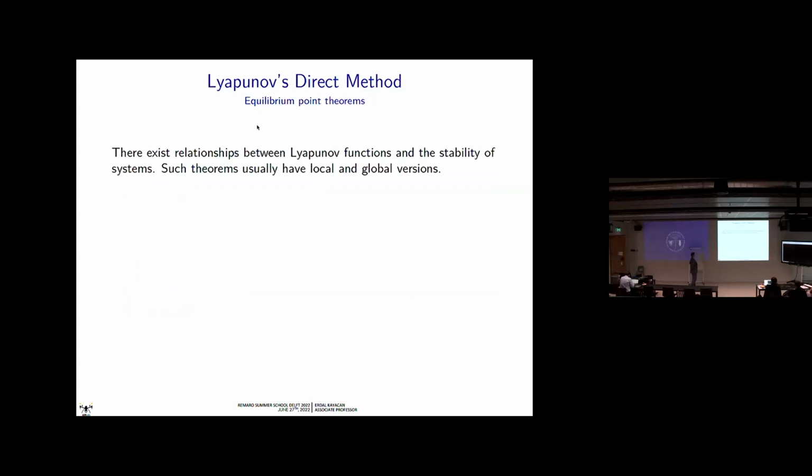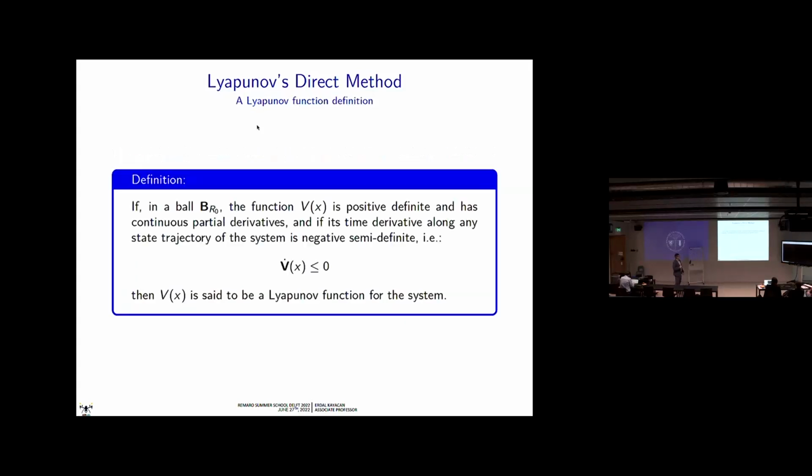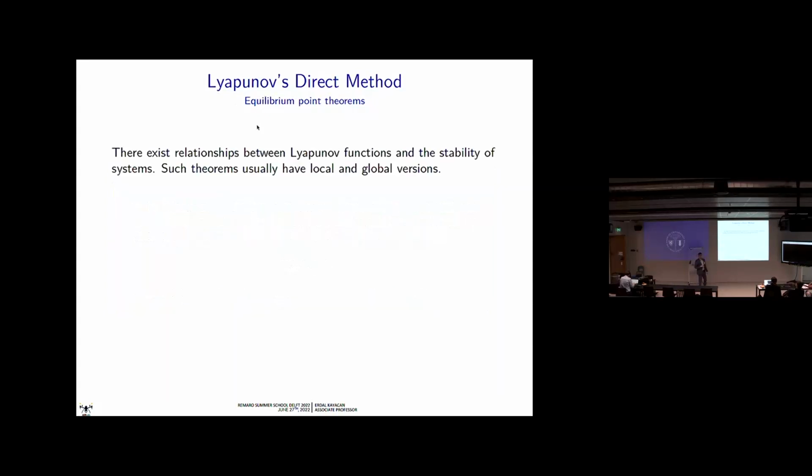Okay, now so why did we see all these definitions? Positive definiteness, Lyapunov functions, all this stuff. Actually, we are trying to come to a conclusion, because my ultimate goal is to make a conclusion about the stability of the system. So if there is a relationship between this function and the stability of the system, that's great.